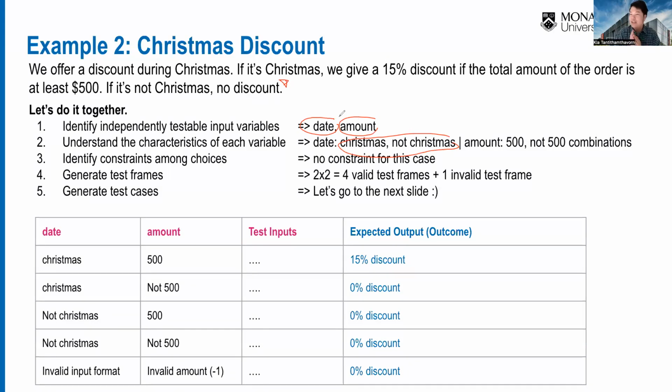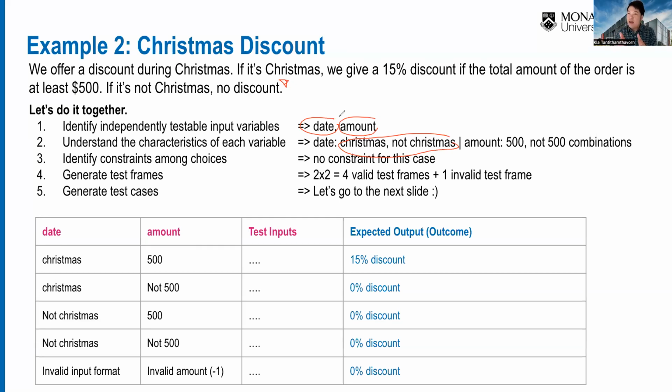We don't need to partition into like 365 days. It's too much, right? In this case, we just have only Christmas or not Christmas. Or if the spec is more complicated, let's say we offer 50% discount for Christmas day, or 10% for Mother Day, or 5% for Father Day.